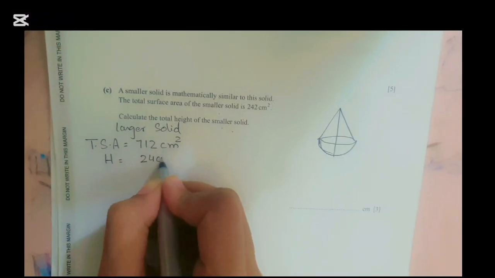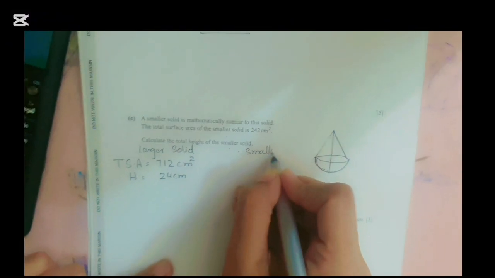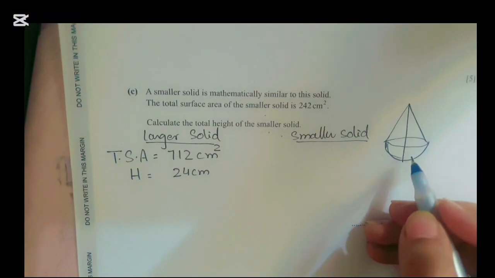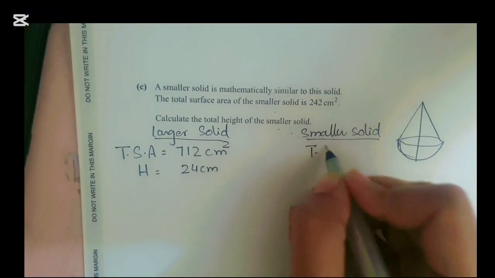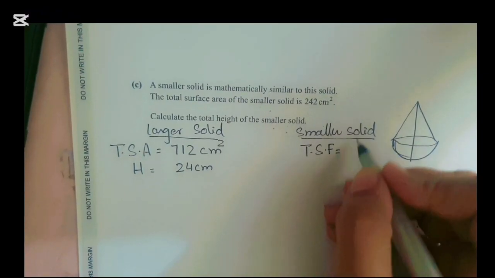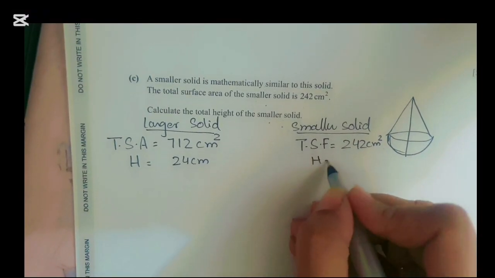And now here I am writing smaller solid. The total surface area of the smaller solid is 242 centimeters square, and its height we don't know.